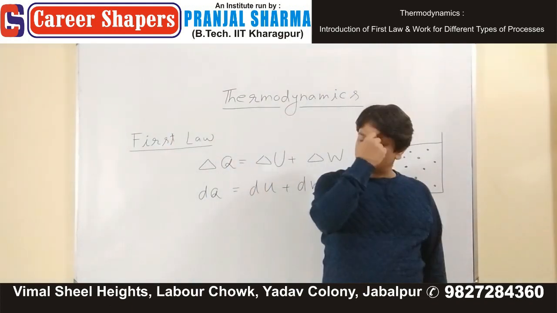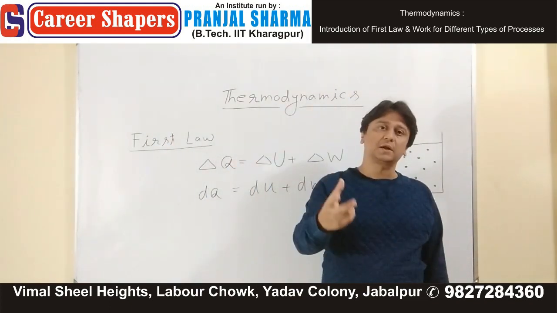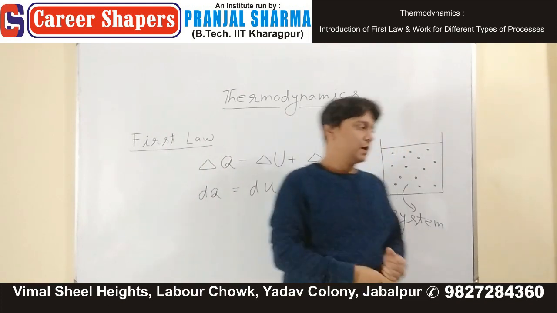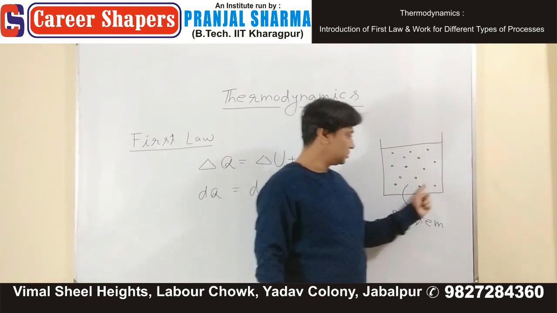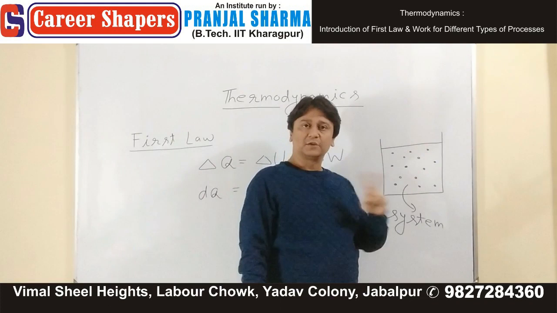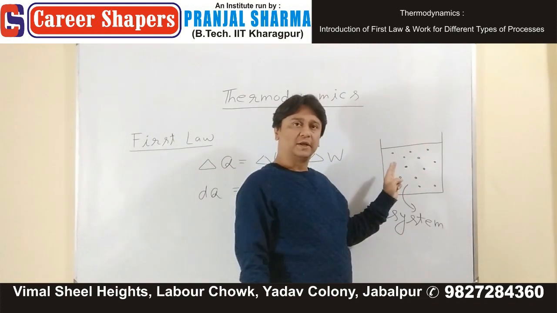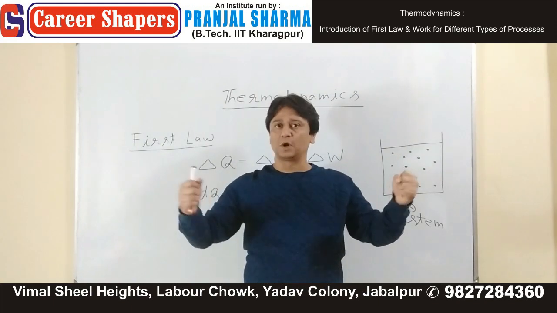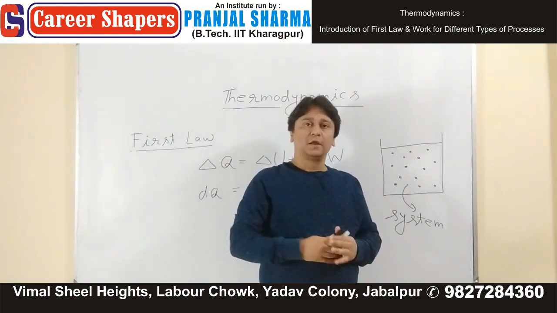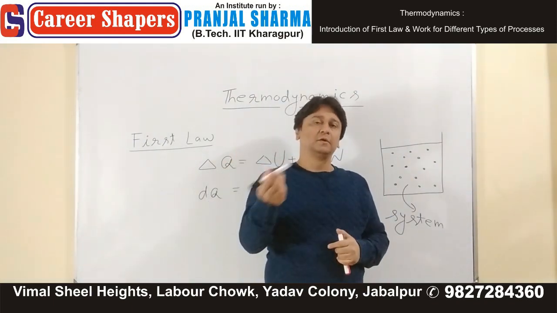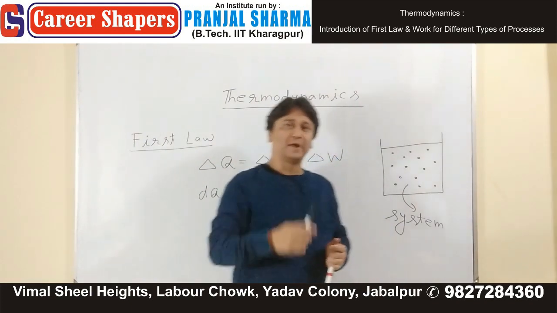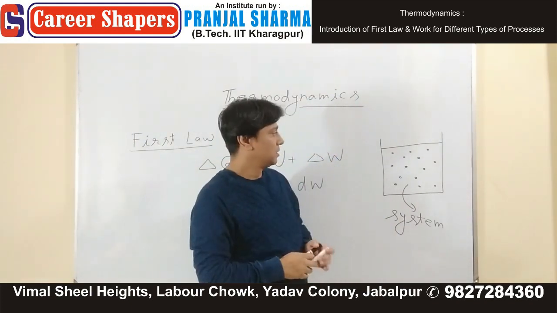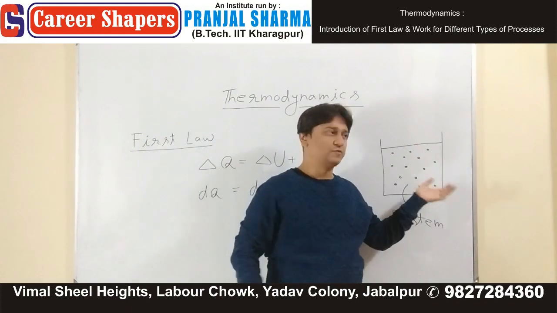A brief idea about internal energy. Internal energy means energy of these molecules. It has two things. One is kinetic energy. As they move, they possess half mv square. If they rotate, they also have half I omega square. We'll discuss these things, but it's very easy.